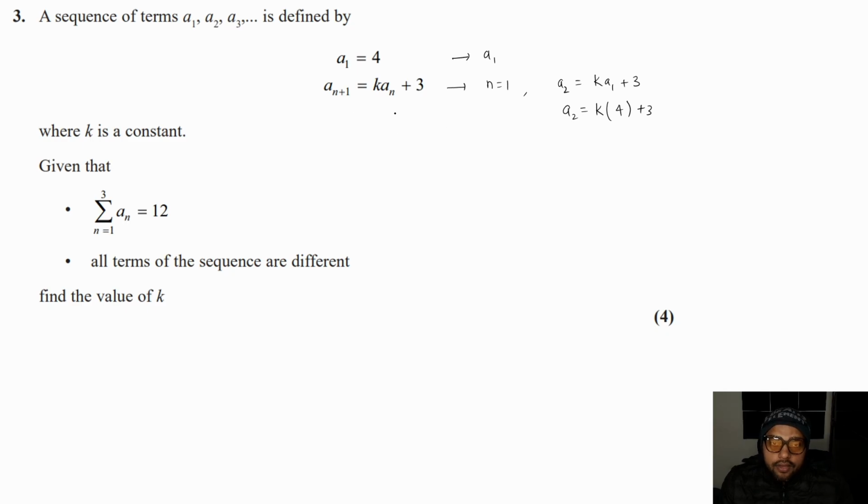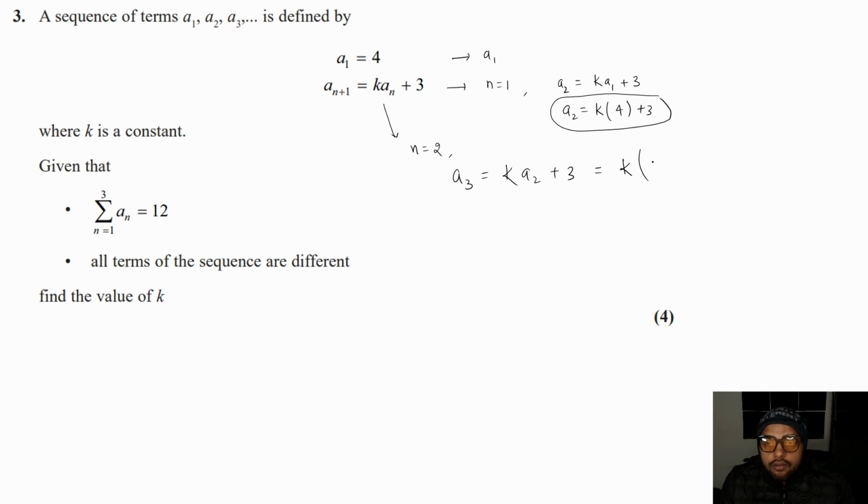Similarly, if we plug in the value of n equals to 2 in this equation, a3 will be equal to k a2 plus 3. Now what we need to do is plug the value of a2 from here.